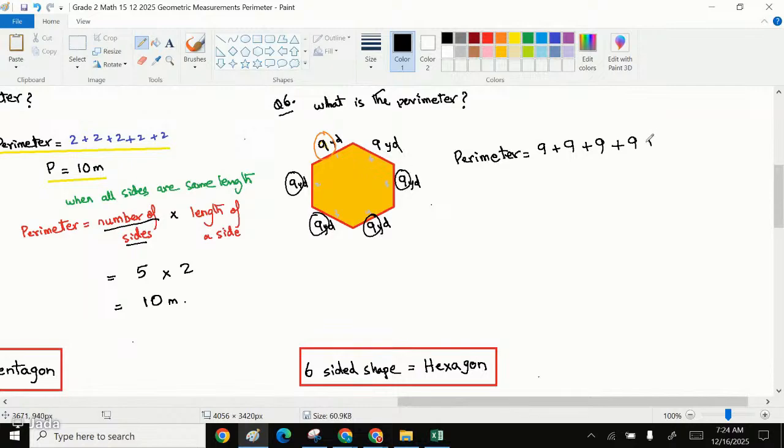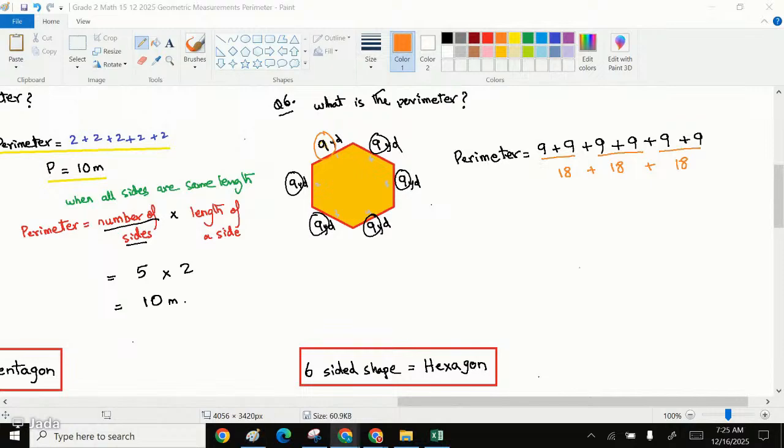Side number 5, plus 9. And side number 6, plus 9. So can we say 9 plus 9 is 18, and 9 plus 9 is 18, and 9 plus 9 is 18? So what is 18 plus 18?